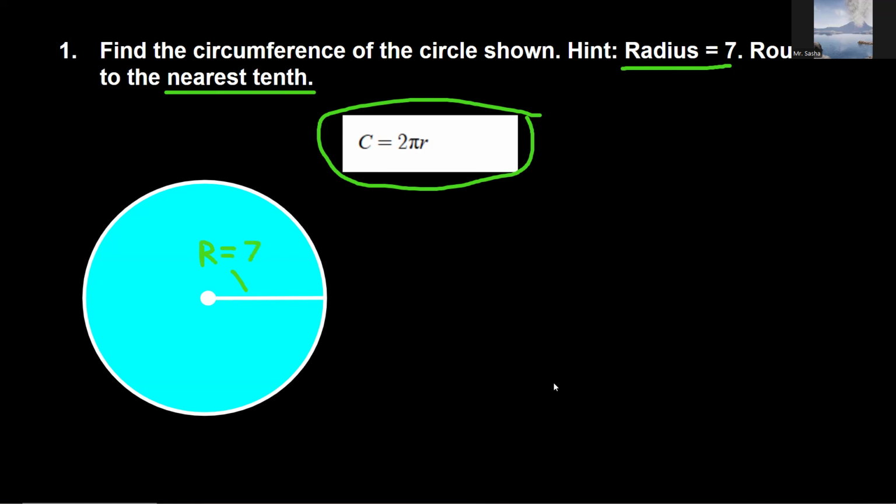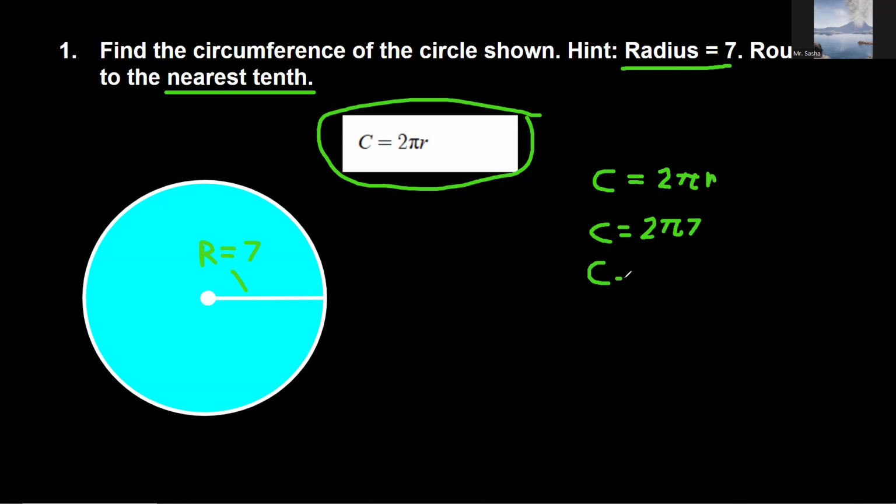Now, let's start solving. Circumference equals 2 pi times the radius. So circumference is equal to 2 pi times 7.